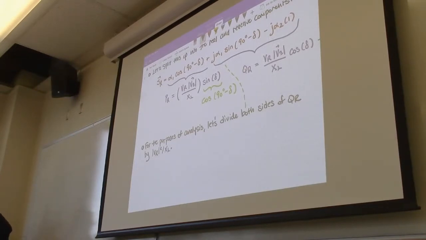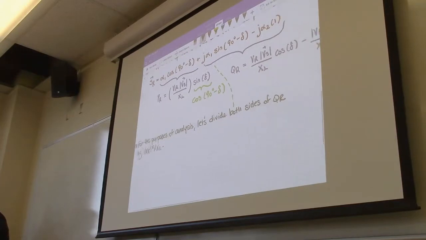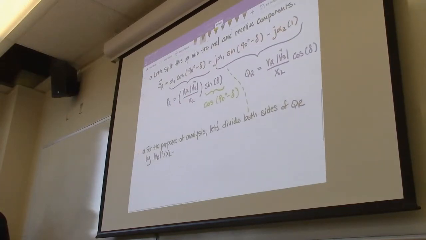We're going to divide both sides of the QR equation, the one that's shown right here, by this value, because it's going to make it easier to demonstrate exactly what we're going to show in 1 second.